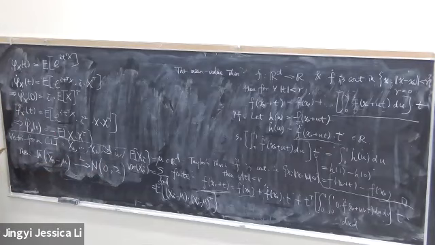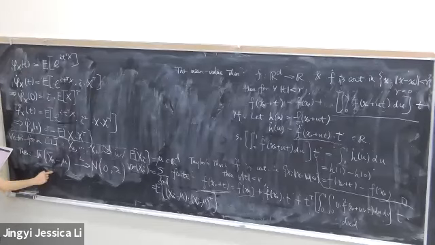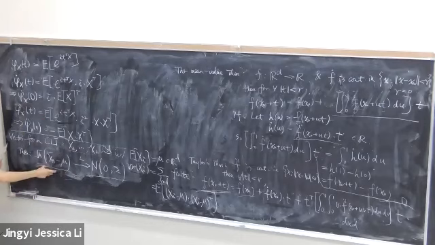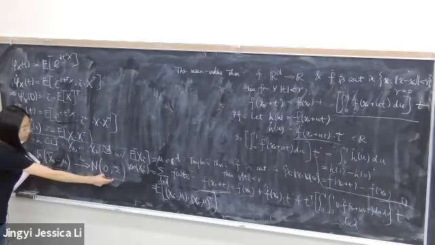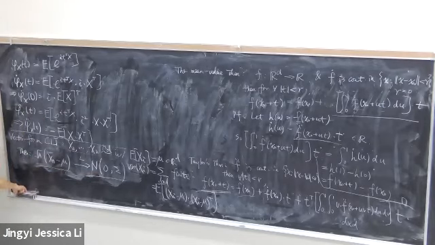Okay, so how can we prove it? We want to use Levy's continuity theorem. To do that, we need the characteristic function for this and the characteristic function for that, and we're going to show that this characteristic function converges to that characteristic function. That's the idea.